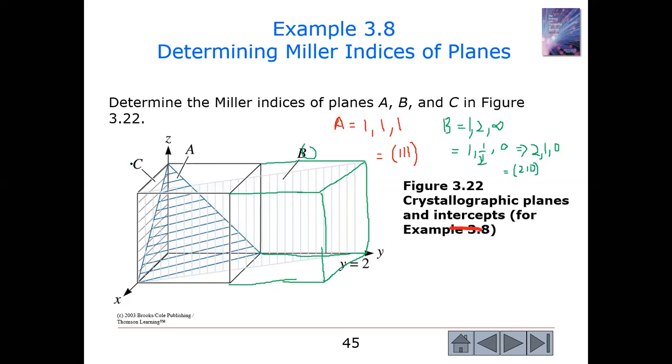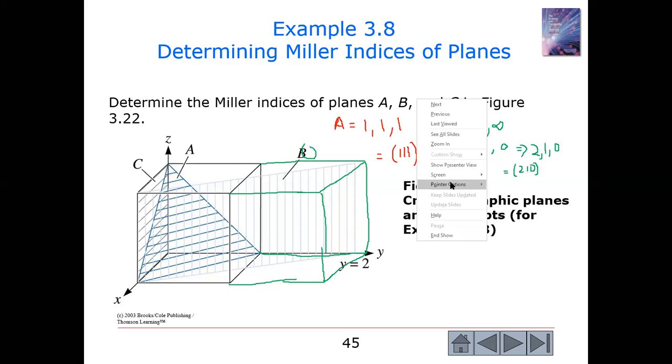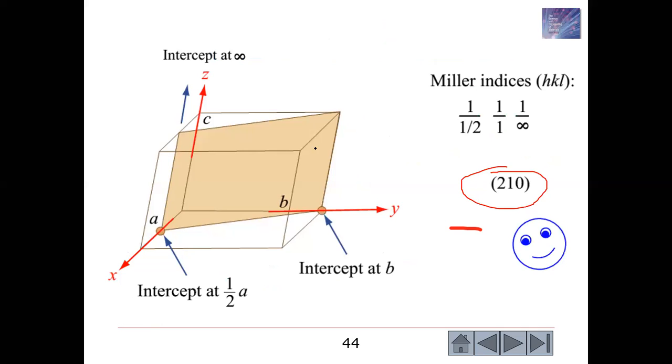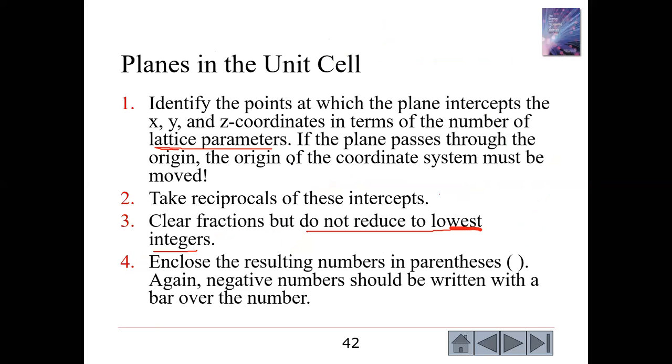Now let's take C. So C is actually this face. Let me change the color again. So what are the intercepts? Because the plane is passing through the origin, we cannot have this as our origin. If the plane passes through the origin, the origin of the coordinate system must be moved.